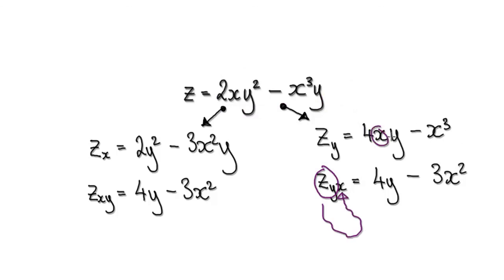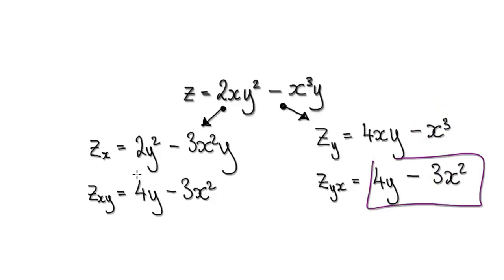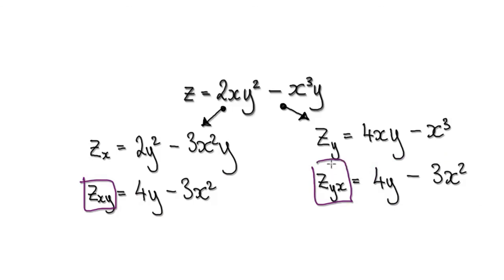When you differentiate this, it would just give you 4y, which is this. Differentiate this with respect to x, so the 3 will come down, x stays the same, and the power gets reduced by 1, and it will give you this. Notice that this is exactly the same as this. What I'm trying to illustrate here is that it doesn't matter which order you do it, the two will be the same. Okay?